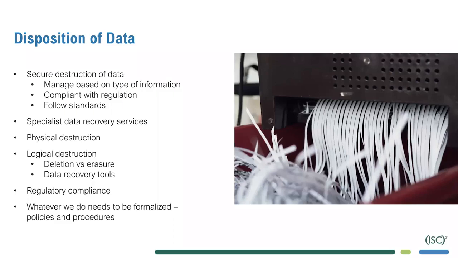So, ways in which we can improve our approach to disposition of data. For logical data, for data that is stored in computer-based systems, we need to understand that deleting is not enough. Deleting and emptying your recycle bin is not enough. We need to overwrite, and you get secure disk erasure tools.